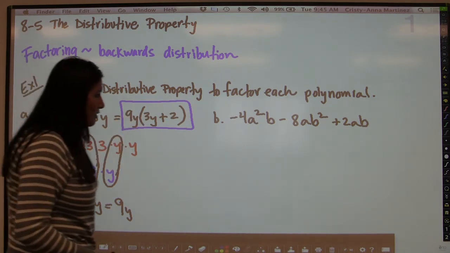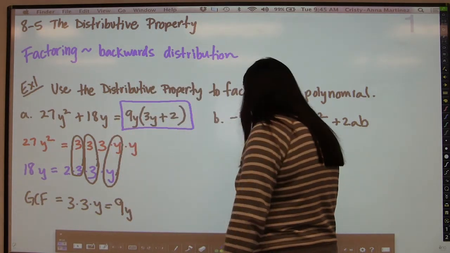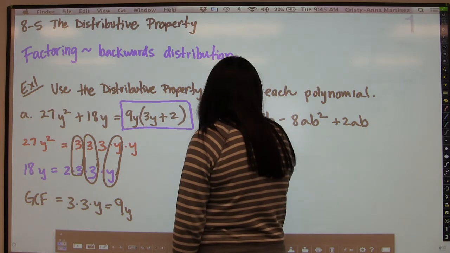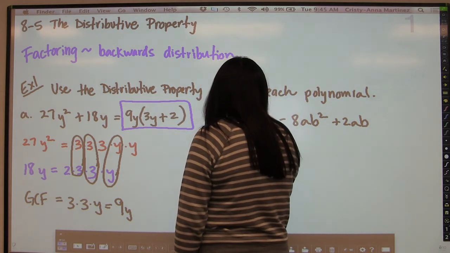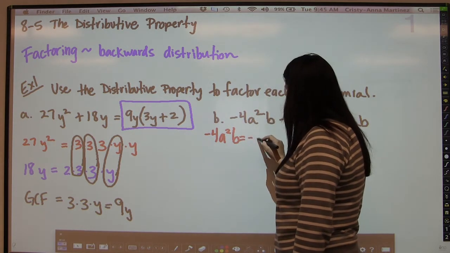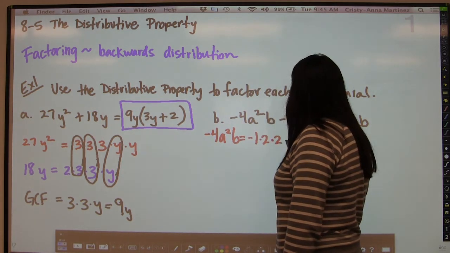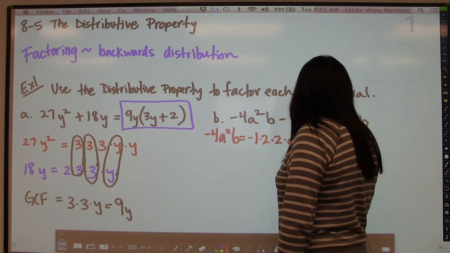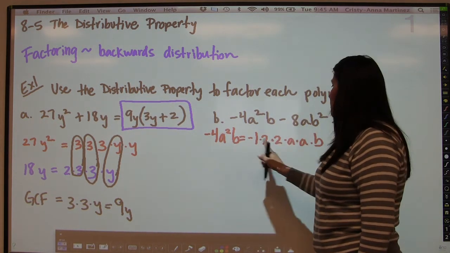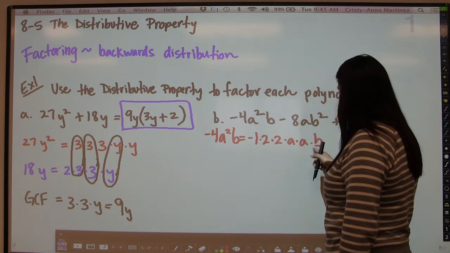So now we're going to try the same thing over here. But we now have 3 terms, so let's see if I have enough space here. Negative 4a squared b. For the negative 4, you're going to get negative 1 times 2 times 2 times a times b. Notice that I have the negative 1 for the negative that's here. 2 times 2 is 4, a times a is a squared, and then the b.